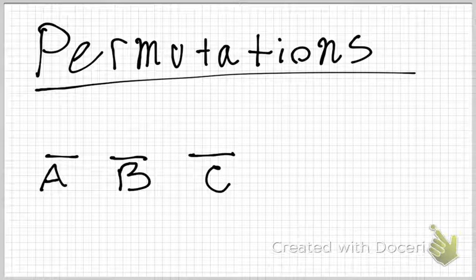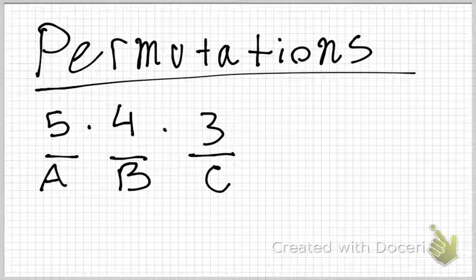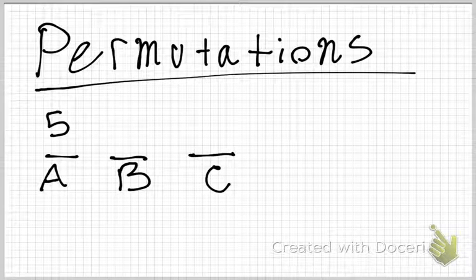I kind of gave away the answer. I accidentally let the 5 pop up. But imagine you don't know that for just a split second. Well, there's 5 siblings, so we have 5 choices.